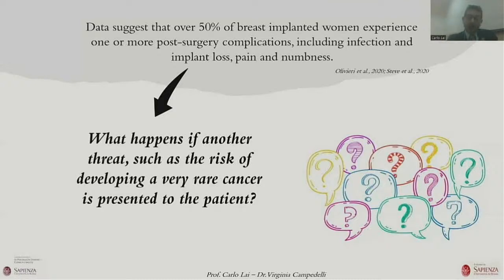So one problem that we need to pay attention to is to report all the cases, to find an organization that can identify all these cases. This is the first problem.